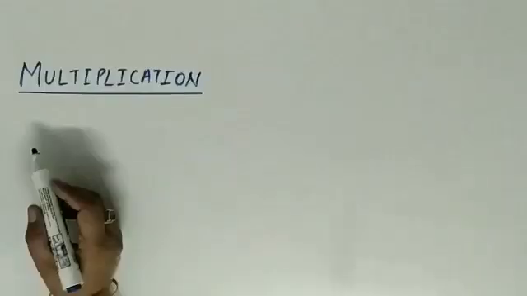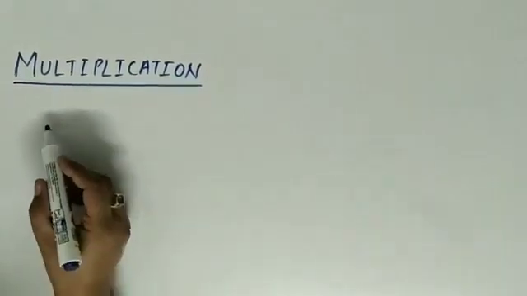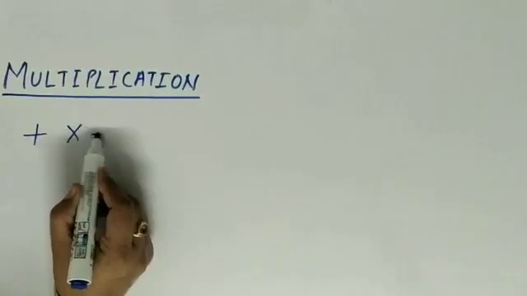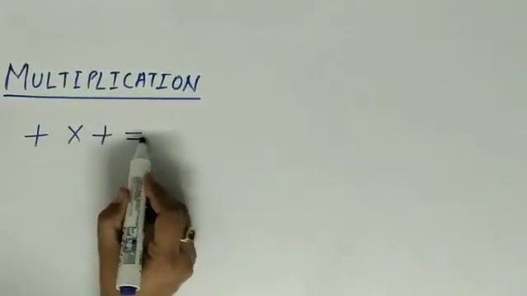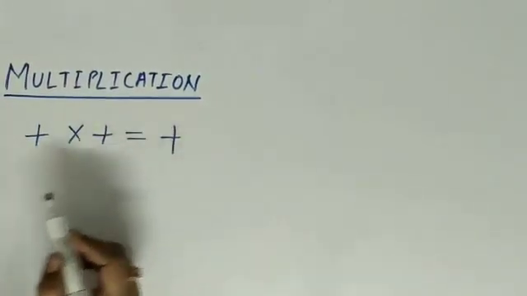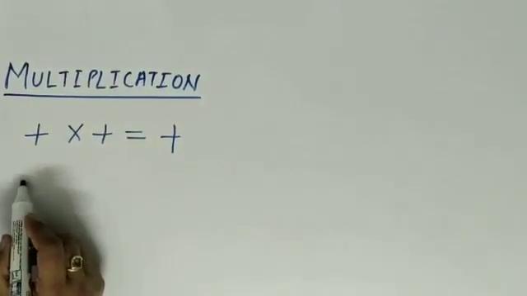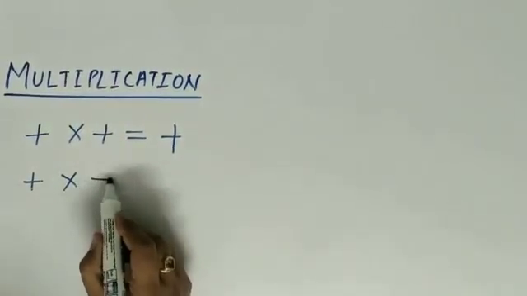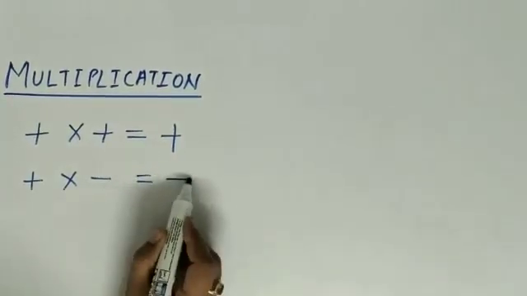Let's see, when we multiply a positive integer with a positive integer, my result is always positive. When I multiply a positive integer with a negative integer, my result is negative.